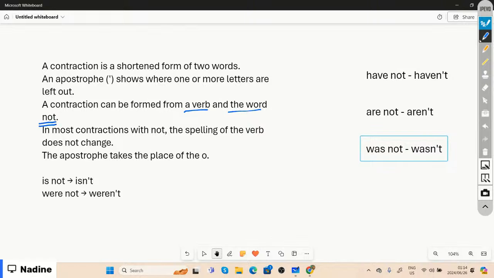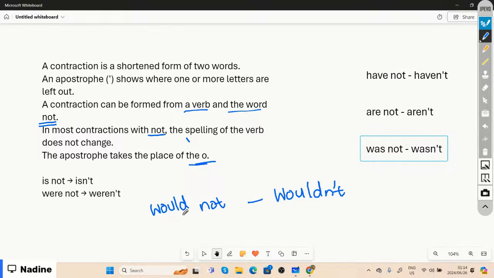In most contractions with "not," the spelling of the verb does not change and the apostrophe takes the place of the O. So let's say, for example, "wouldn't." You said "wouldn't" is our contraction, which is totally correct, and "wouldn't" is "would not."